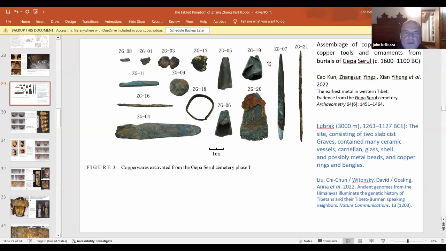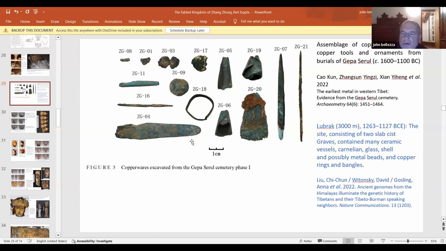So this is very important. This essentially is what we know right now, and these are very recent discoveries of what we know about early metallurgy, copper metallurgy in Tibet.